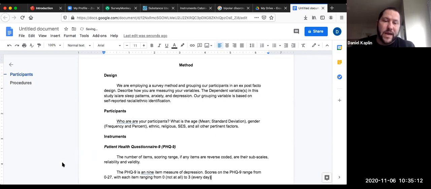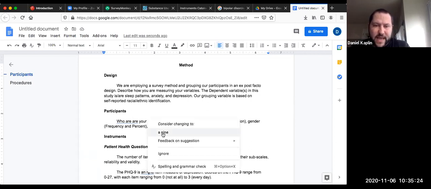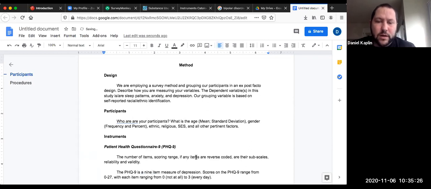All right. So now, so far, what did we do? We described the number of items. We talked about what the instrument does. It is a 9-item measure. We talked about the scoring range so far. Then we want to talk about, there are no scales or subscales.